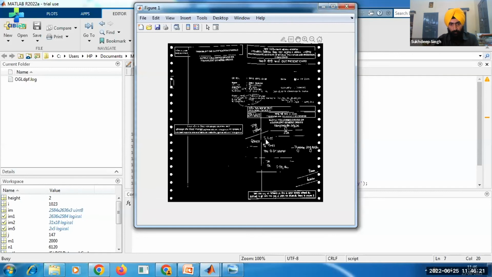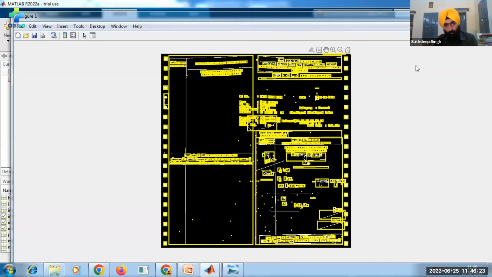Yes. So here you can identify that whatever relevant or necessary data I need to identify in the OPD card is marked by yellow rectangles or squares.